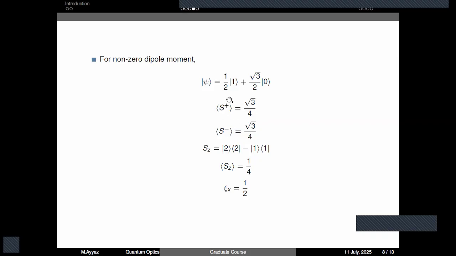And we could check this by calculating the expectation value of these operators for this state. The inversion of population operator is going to be 1 by 4.